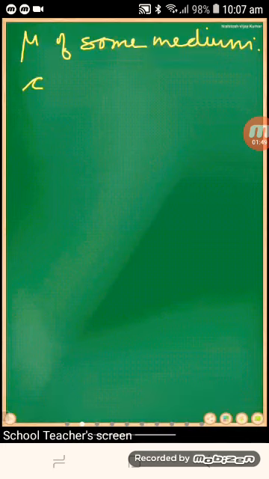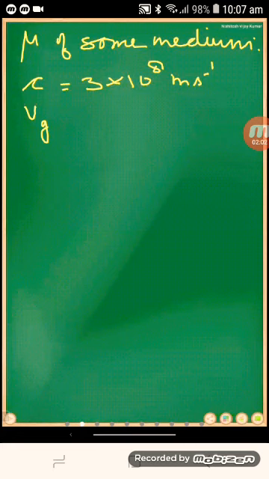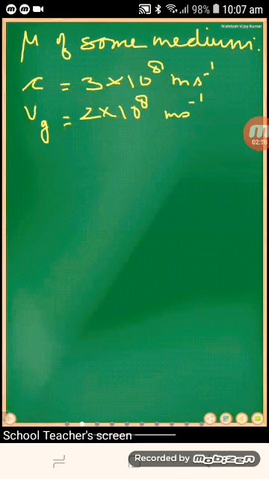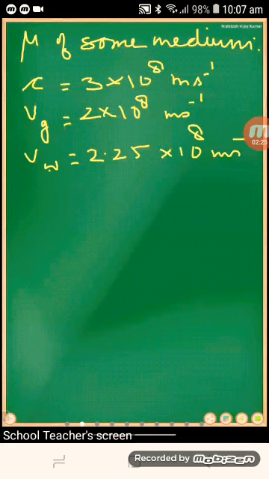Now, the velocity of light in vacuum or air is considered to be 3 into 10 to the power 8 meter per second, whereas the velocity in glass is 2 into 10 to the power 8 meter per second. And the velocity in water is 2.25 into 10 to the power 8 meter per second. Try to remember these values, okay? In the syllabus, you have to use these values.